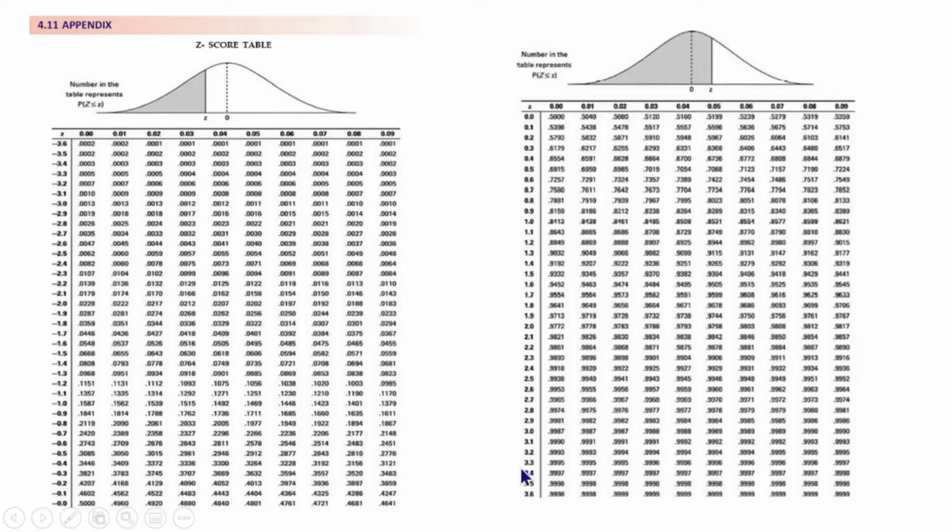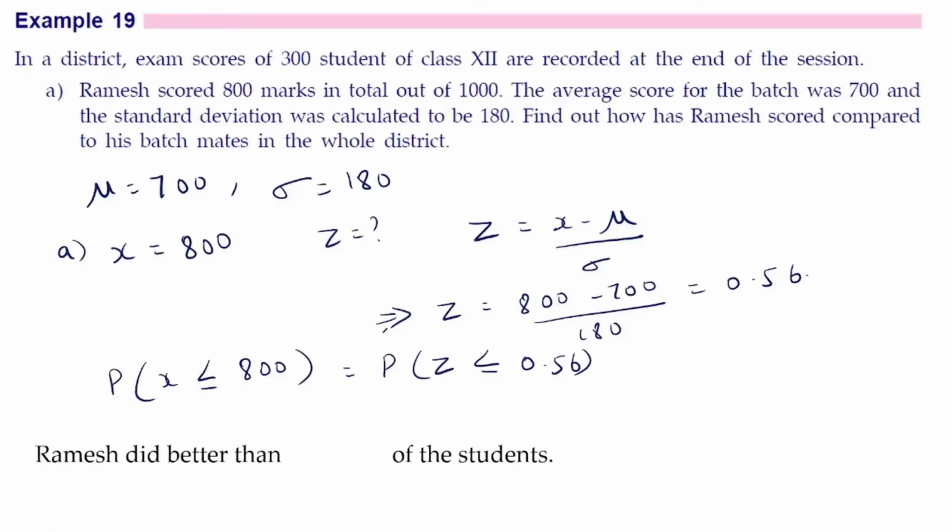So we need to find probability of z less than or equal to 0.56. So along the row we have to see 0.5 and along the column we have to see 0.06.